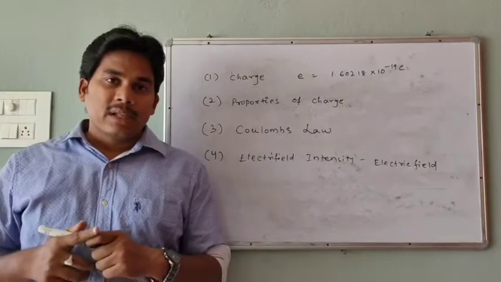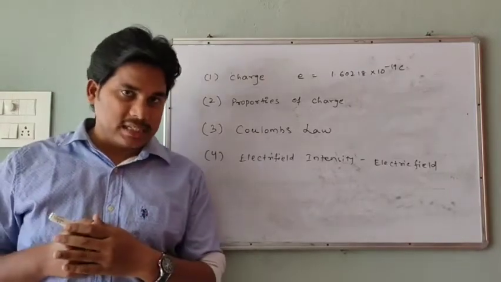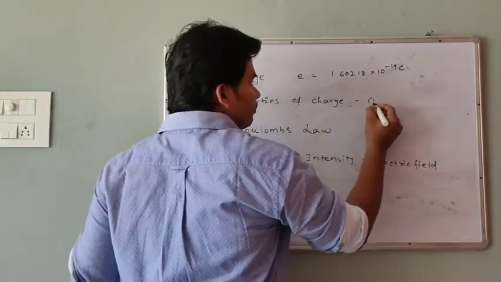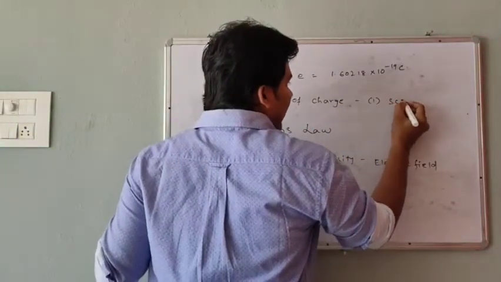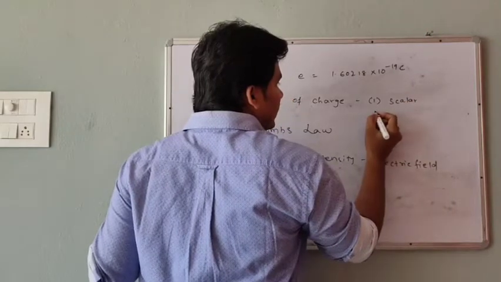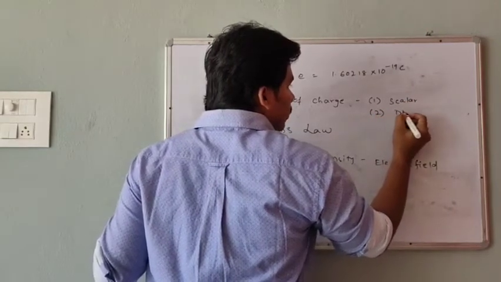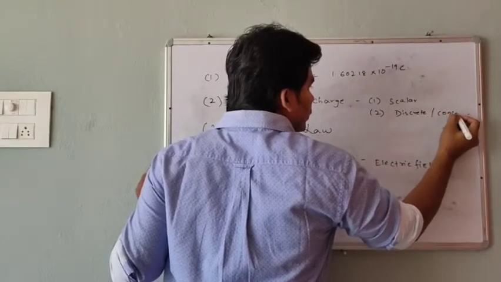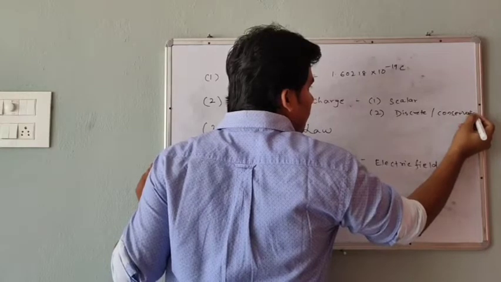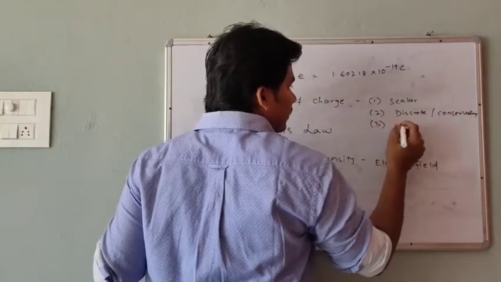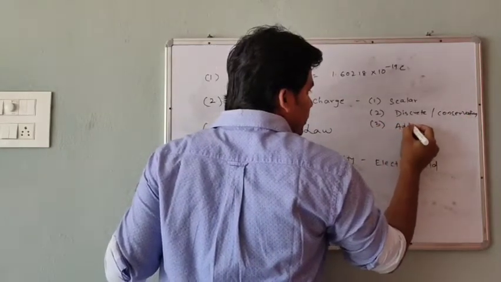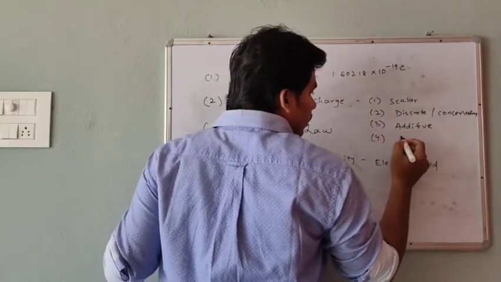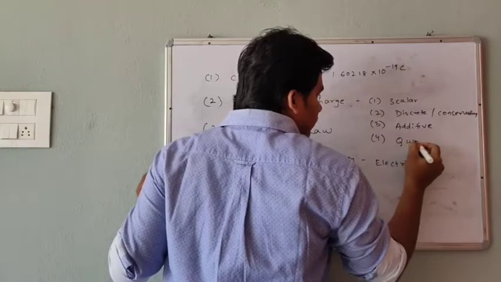Let's discuss some of the properties of charges. First, it is a scalar quantity. Second is the discrete nature or conservation of charges. And the third property is the additive nature of charge. The fourth property is that charge is quantized.